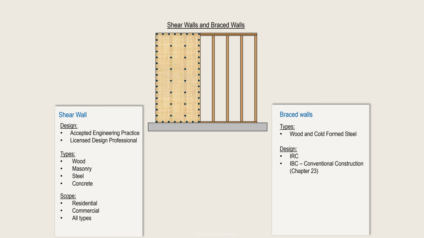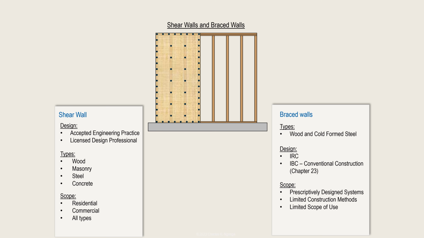The International Building Code also contains conventional construction provisions that provide for prescriptively designed braced walls. The point we are making here is that braced walls are prescriptively designed systems and their construction method as well as the scope of their use is statically locked within the boundaries of the prescriptive provisions.